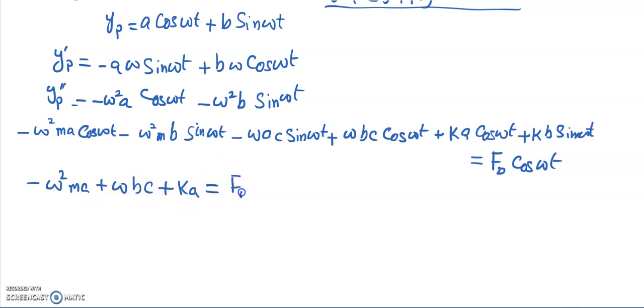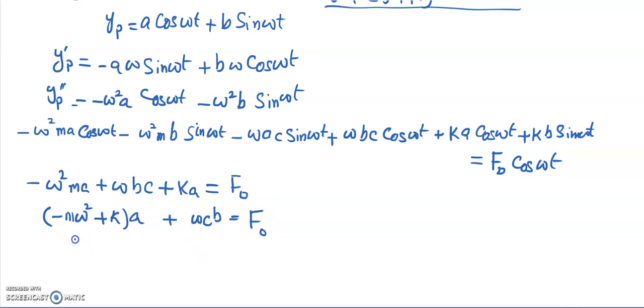This will be equal to f naught, because on the right hand side there is cosine omega t. Here we can also collect the terms of a, so it will be minus m omega square plus k, times a, and then omega c times b, because we want to find a and b, so we need the equation in terms of a and b.